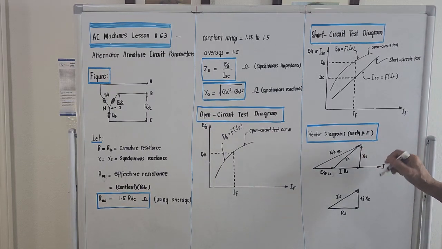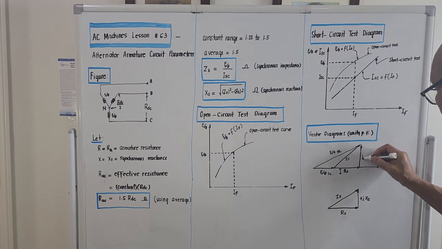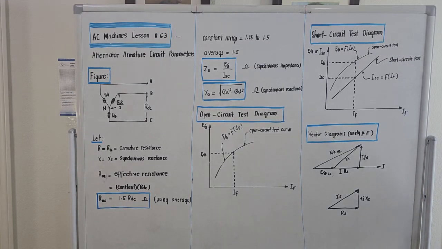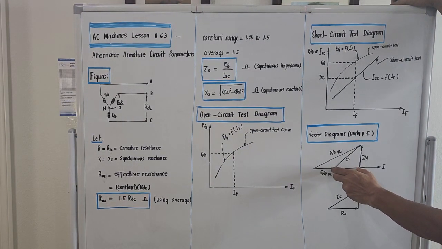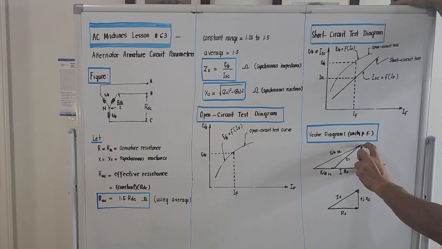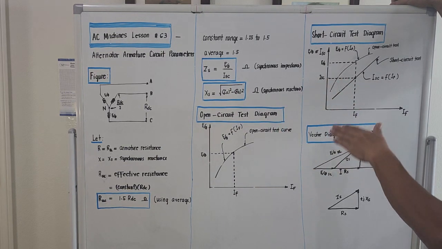This is also multiplied by a current I times X of S. So the concentration of the subject matter for this morning will be in the computation of this IR drop and IX drop, and to compute for these voltage drops, we must determine the circuit parameters of the alternator.